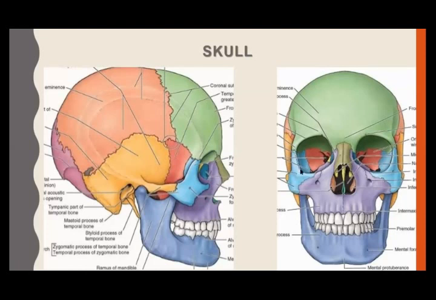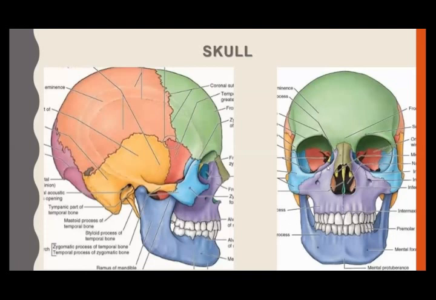The inferior border of the orbit is made partly laterally by the zygomatic and medially by the maxilla. Whereas the medial border is made in the top superior half by the frontal and in the inferior half by the maxilla.